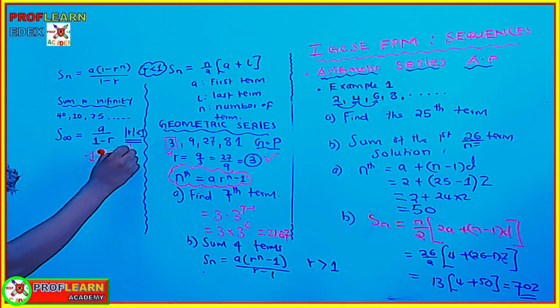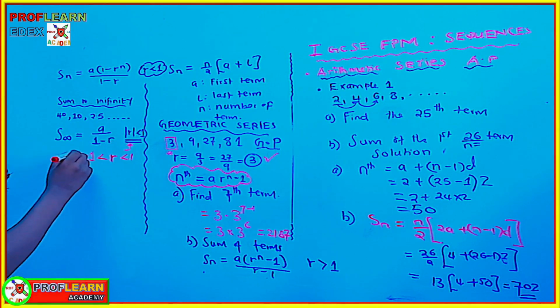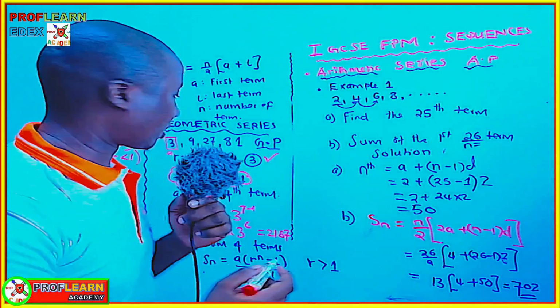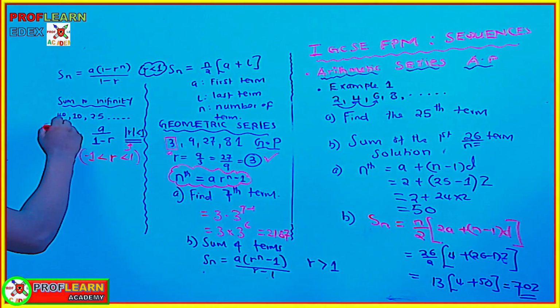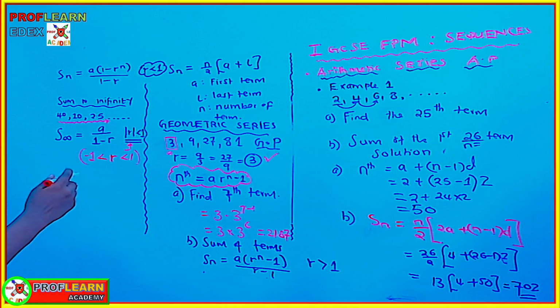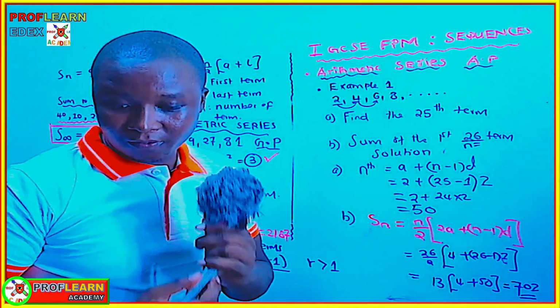So your r is between -1 and 1. That's when this function converges. So if you have a geometric series which is reducing in that rate, you can find the sum to infinity using this formula.